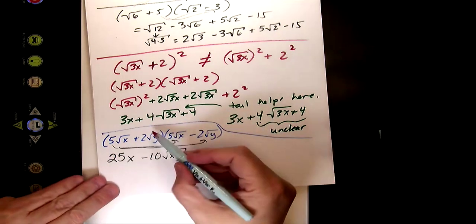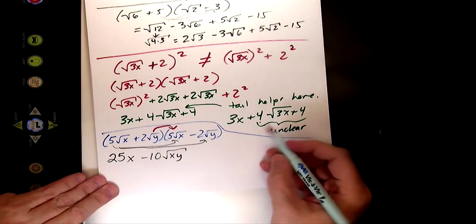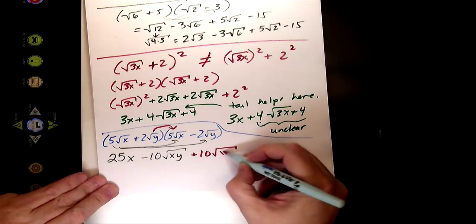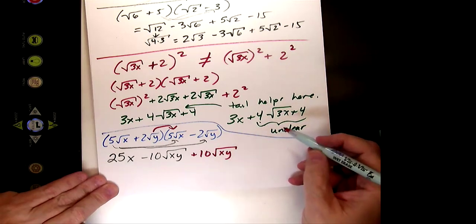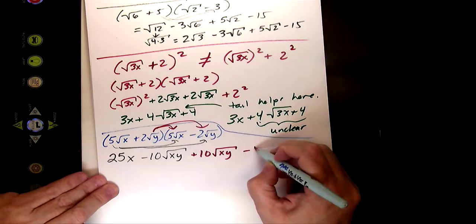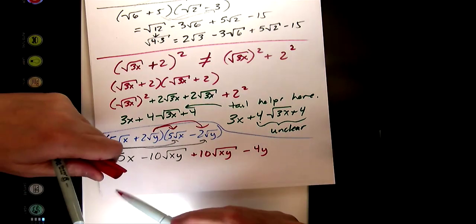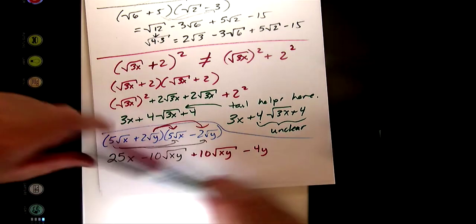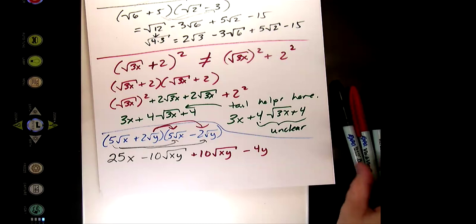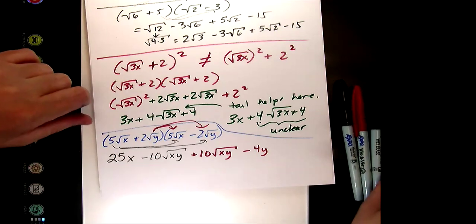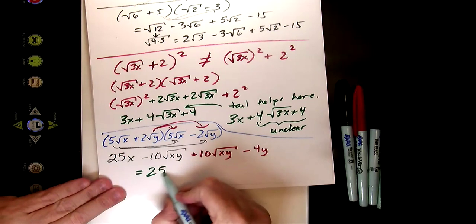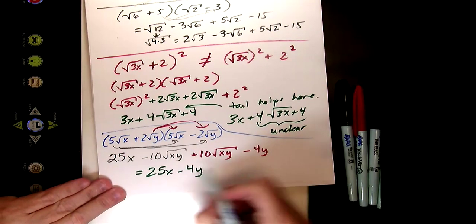And if I do these two, I have plus 10 square root of xy. If I do the last two, I have minus 4y. The two in the middle cancel out. 25x minus 4y.